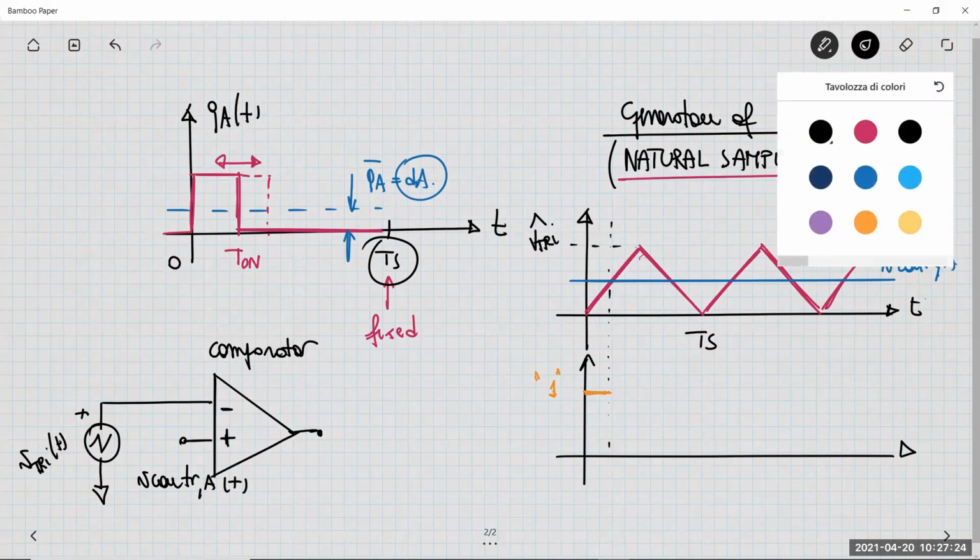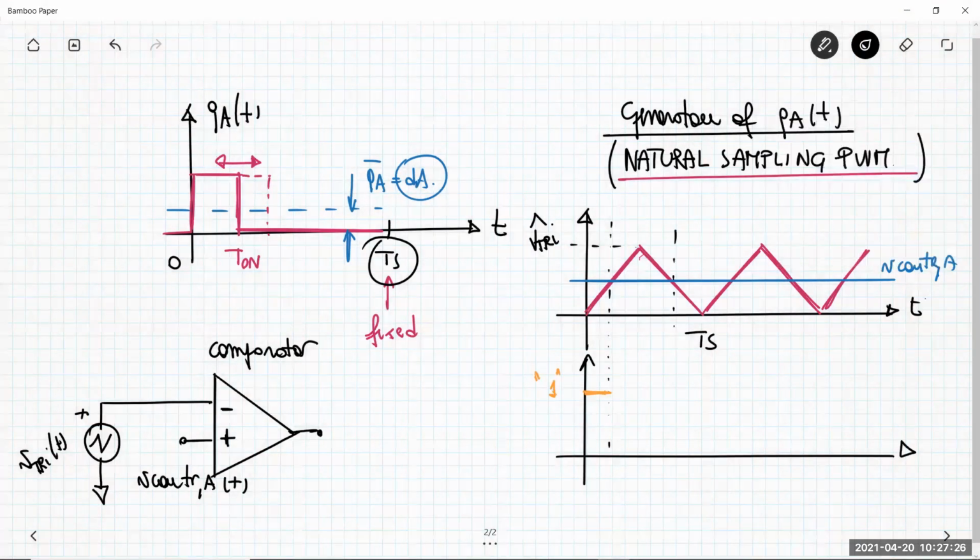Then there is an interval of time in which the opposite is true. In this situation, the triangular waveform is larger than the control voltage, so the comparator output voltage is logical 0. And then there is another interval in which the control voltage is higher, and so on.